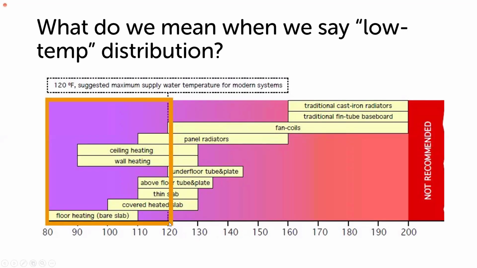At 120 degree delivered temperature or below, you can see you have a lot of different distribution options. You have radiant slabs of different types. You have tube and plate, which are different radiant systems you can do in walls or ceilings or other ways. Panel radiators, low temperature emitters. So there are plenty of good distribution options for lower temperature water.